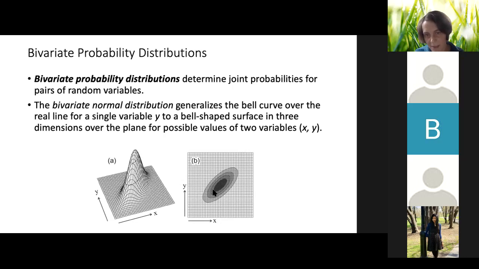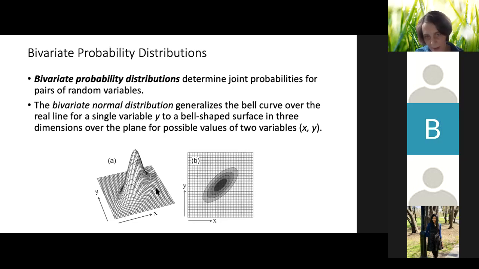In the sense that the darkest area here is the peak of this little mountain. So the darkest areas are these values here. These combined X, Y pairs have the highest probabilities, and this medium gray is a little bit lower. So that would be this lower portion of our mountain, where the density is lower, and then this light gray would be sort of the plateau.